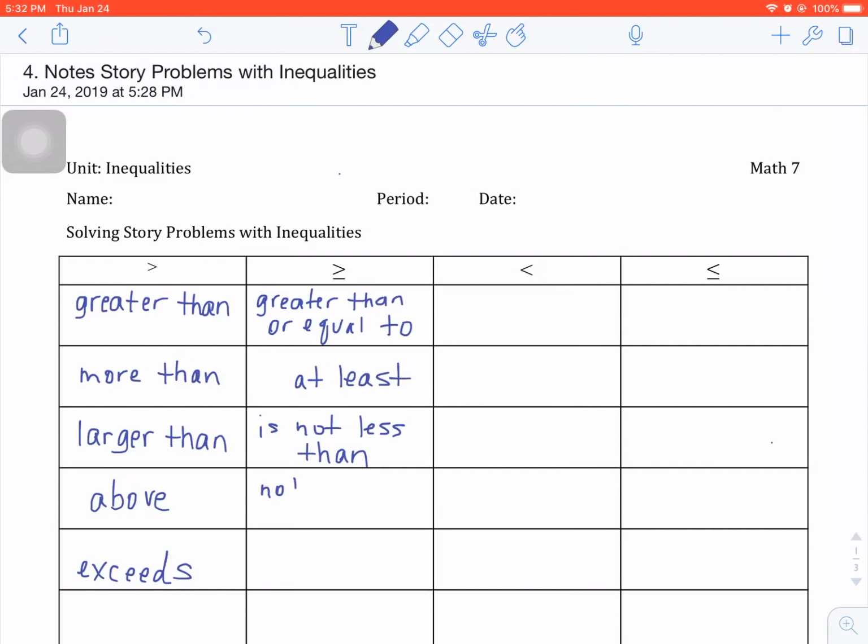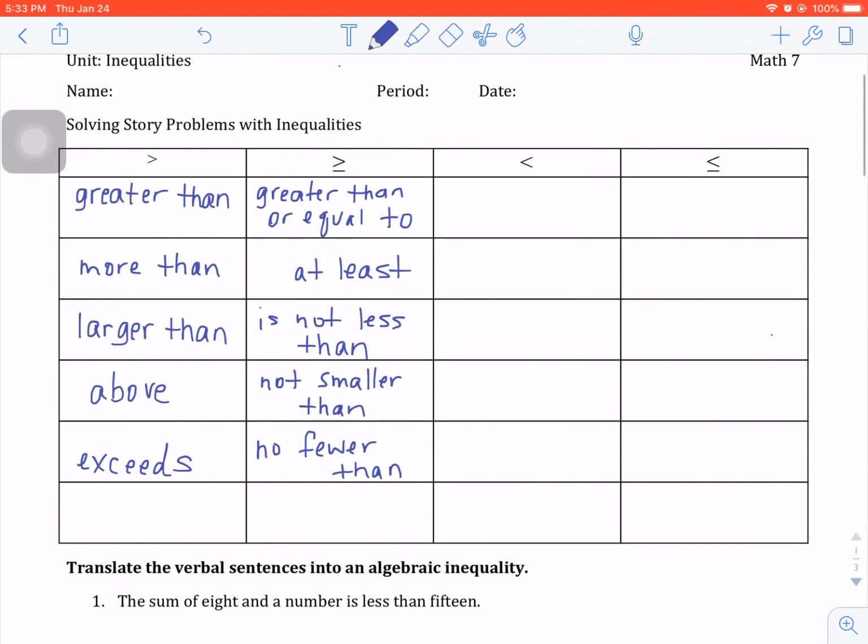Not smaller than. You might see no fewer than. A very common one that you would see is a minimum. And then I'm going to add one more down here at the very bottom, not under.